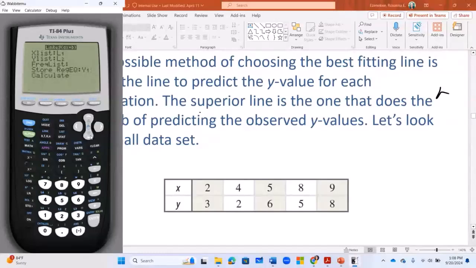Okay, so I'm going to calculate. I think everything is in order. I'm going to tell my calculator to calculate the regression equation for me. So I hit enter. So that is the regression equation. If I pull Y1 up, it is there. So I can go ahead and start answering other questions.